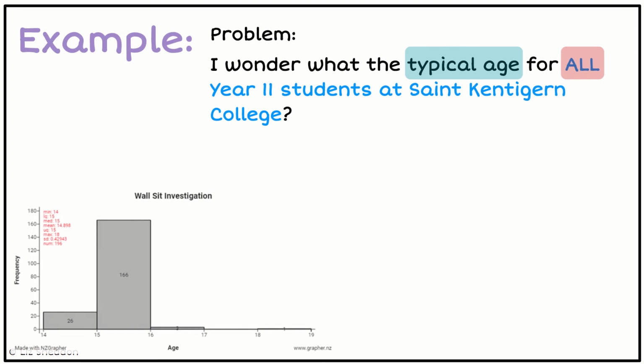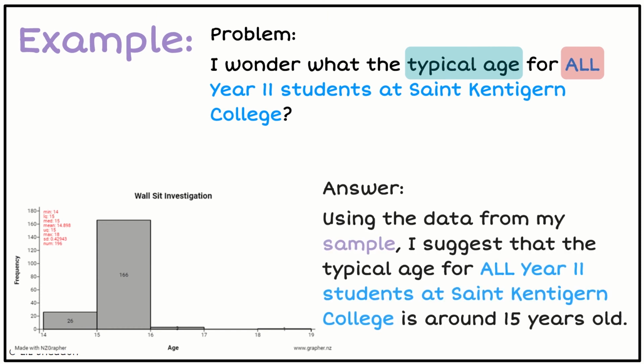We've got sample data, so when we look at our graph, this is about our sample. So we need to answer using that sample information. So I can say, using the data from my sample, I'm going to suggest that the typical age for all of the students, so I'm using the sample to make a suggestion about everybody, is around, and this is when I'm going to go across to my summary statistics on my graph, and I see my median's about 15, my mean's 14.89.